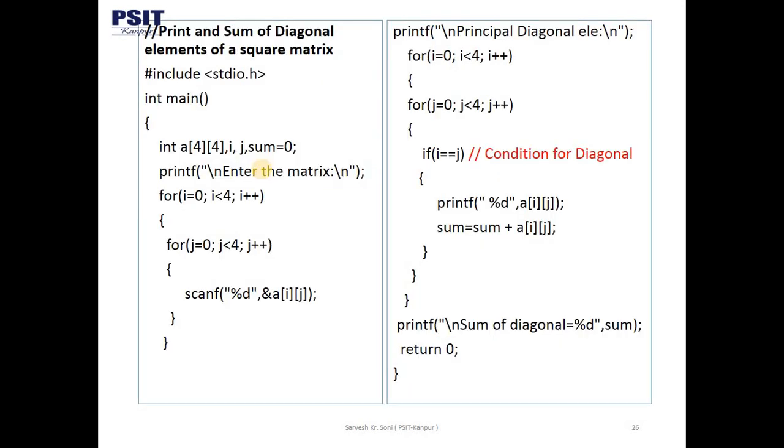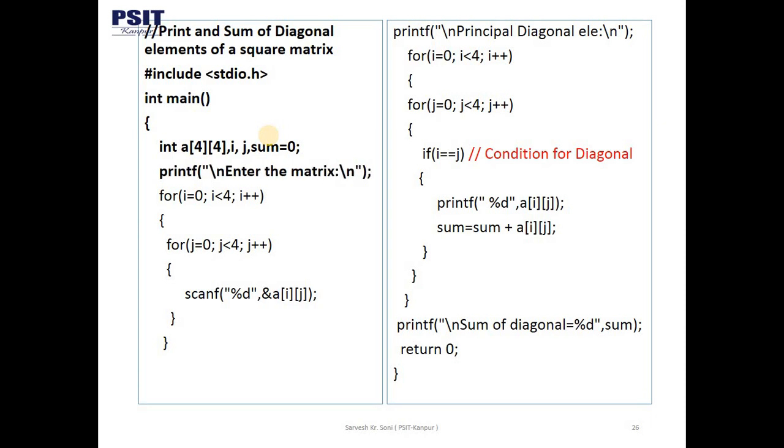So if I'm going to make the program to print and sum the diagonal elements, I have simply declared an array of order 4 cross 4, variables i and j for looping purpose, and another variable sum which is initialized to 0 to store the final sum of diagonal elements.